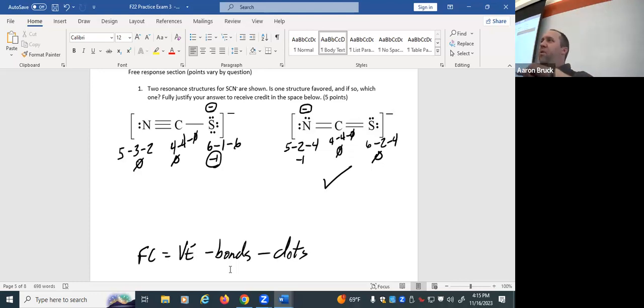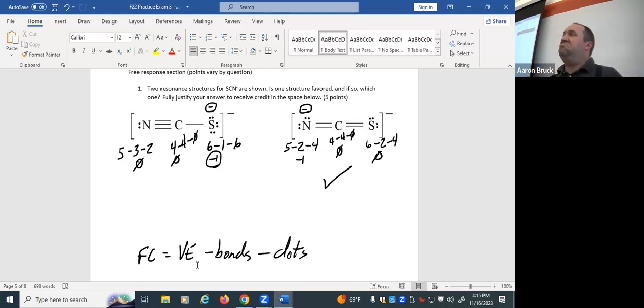This is an example of where it's not exactly even, but there can be a pretty good argument made for the other one. And so what we get into is what's called a major structure versus a minor structure. The major structure would be the one with the 2 double bonds. That one's more likely because of electronegativity.